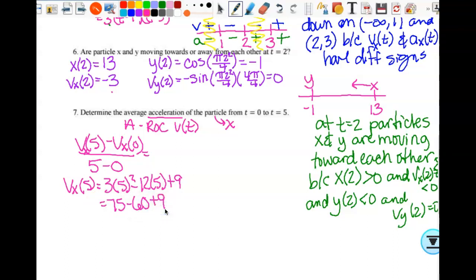What is that, 15 plus 9? 24? You all agree with that? Okay. What is V sub x of 0? That one's pretty easy. Wouldn't all these just zero out? It's just going to be 9, right? Okay. So this is going to give me 24 minus 9 over 5. You get 13 over 5.